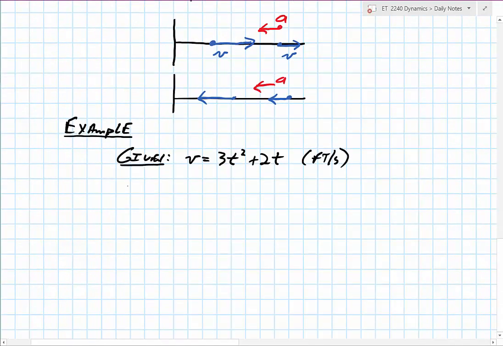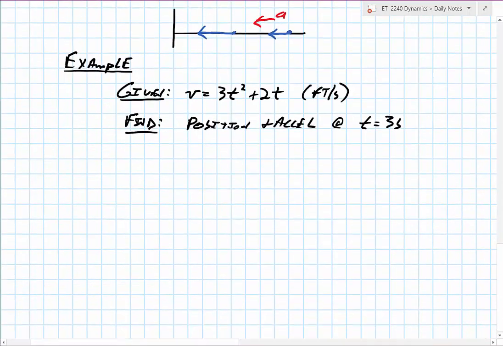What we are asked to find is the position and acceleration at a particular time, in this case at a time of 3 seconds.